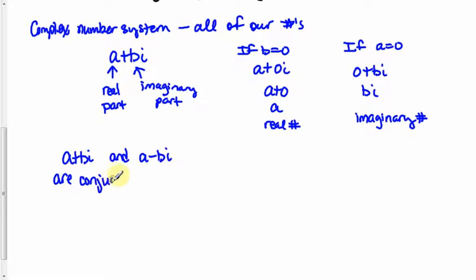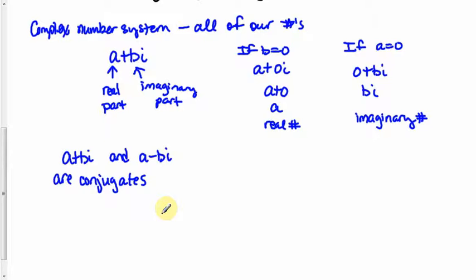Just what we talked about Monday night. x plus 4 and x minus 4. The square root of x plus 4, the square root of x minus 4. We did that Monday night where we rationalized a denominator that had a radical in it. Okay, same concept. They're conjugates.